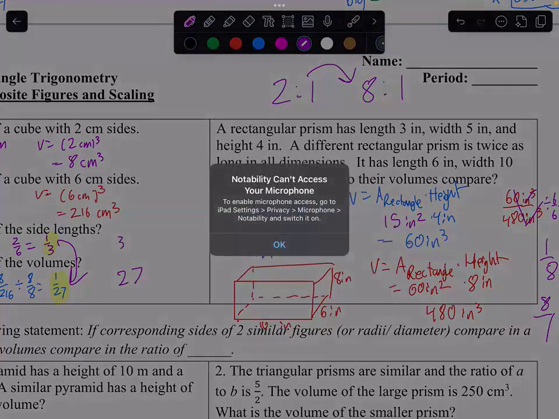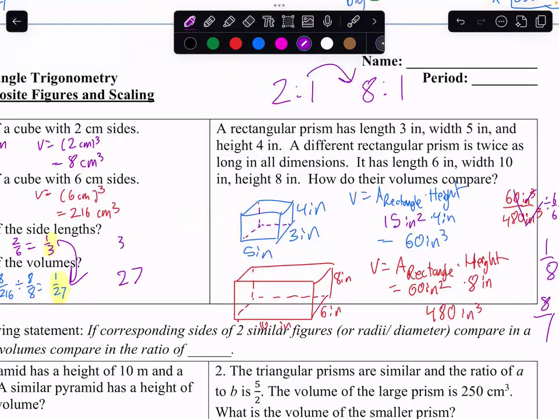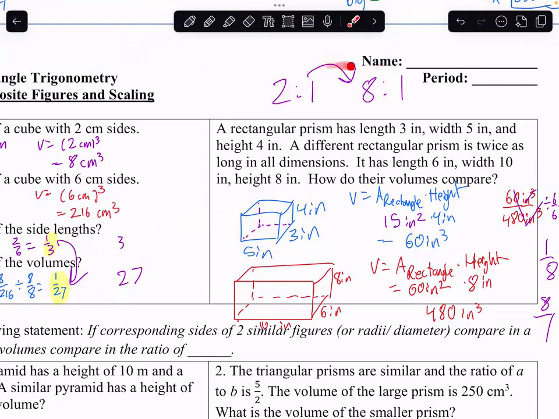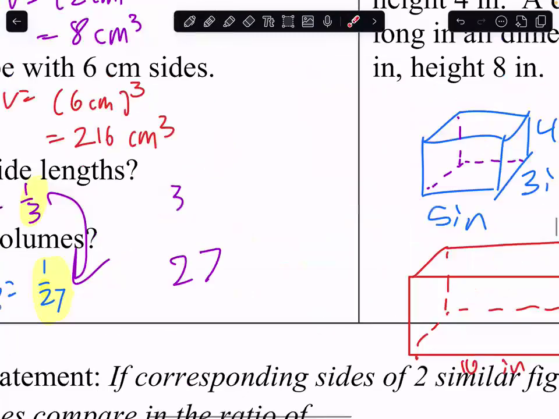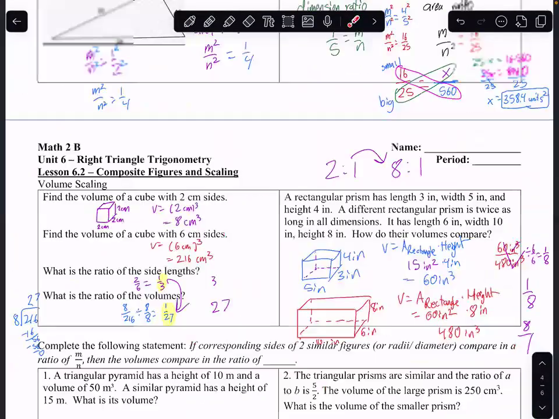Okay, so what pattern do we see when comparing the side length ratio to the volume ratio? Yes, Maya? Okay, so it's cubed. 3 cubed is 27, 2 cubed is 8.